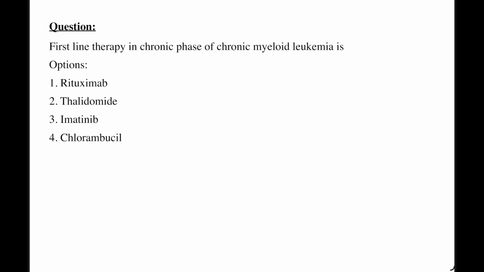Now, in a case of CML, I think it's a cakewalk question, right? CML means tyrosine kinase inhibitor. Tyrosine kinase inhibitor means imatinib. In chronic phases, we give imatinib. But in blast crisis or in relapse cases, we go for second or third generation tyrosine kinase inhibitors, or transplantation is also used, or chemotherapy drugs are also used.